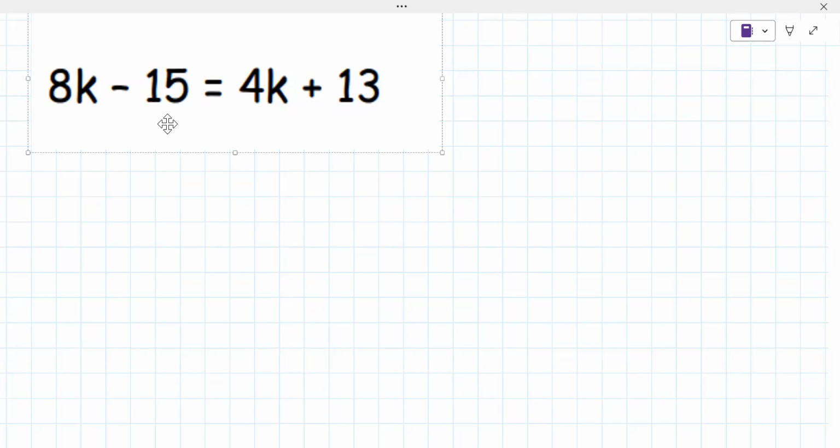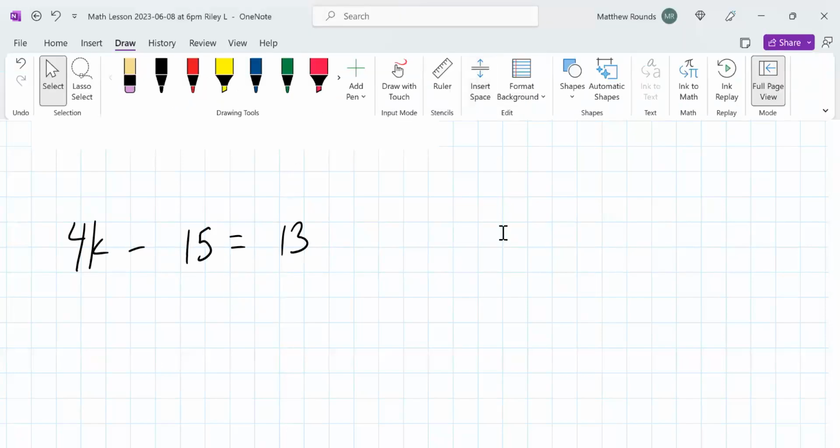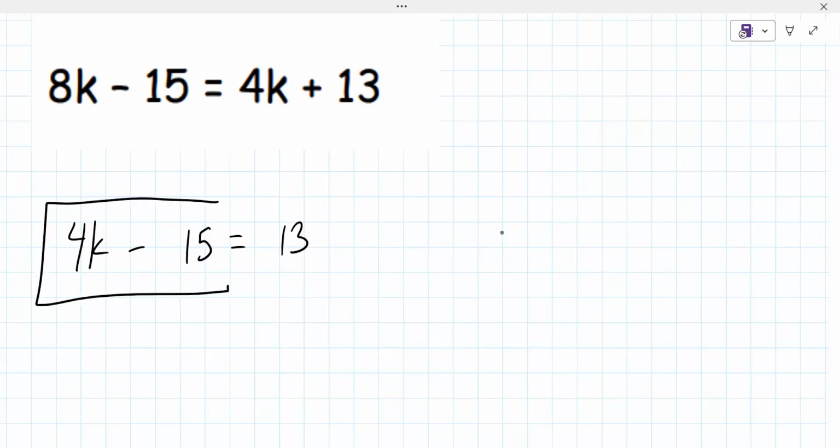So am I adding 15 or 13? The variables, look at the two variables, 8K and 4K. Which is smaller? After I do that and I turn it to 4K minus 15 equals 13, do I add the negative 15 or do I subtract 15? Right. So the way I'm going to answer that is you look at the side with the variable.